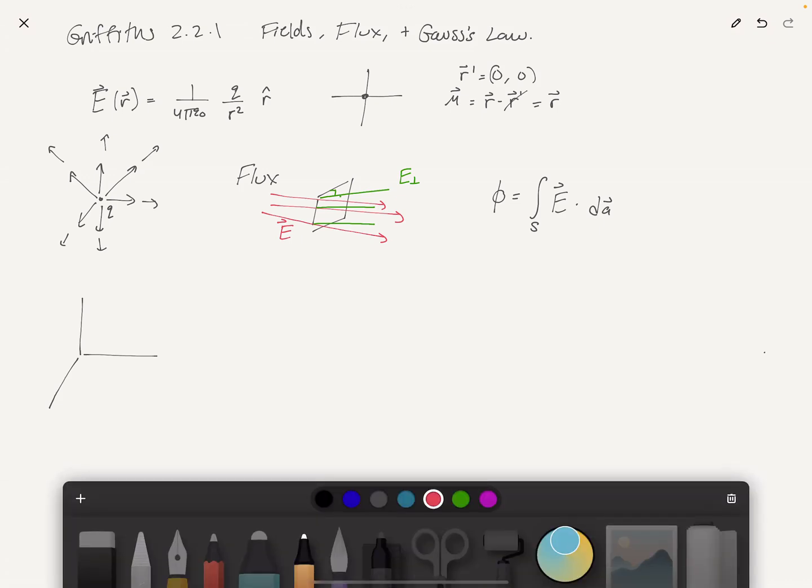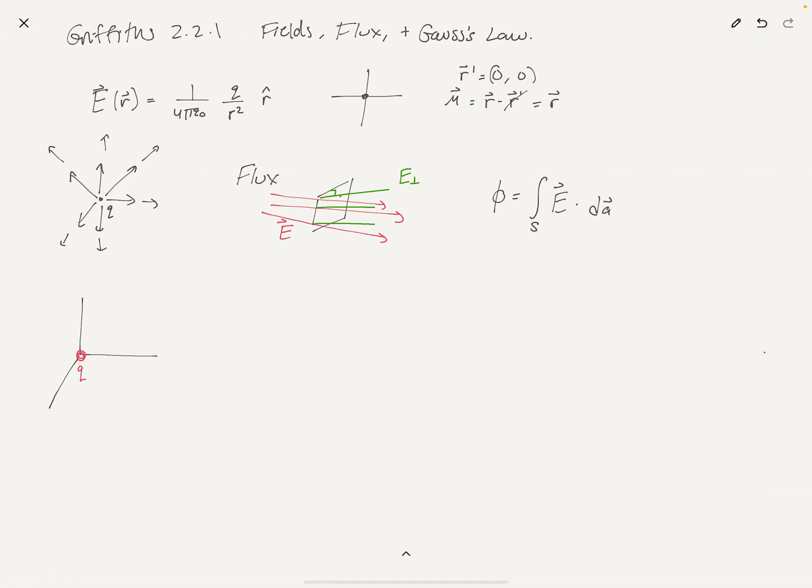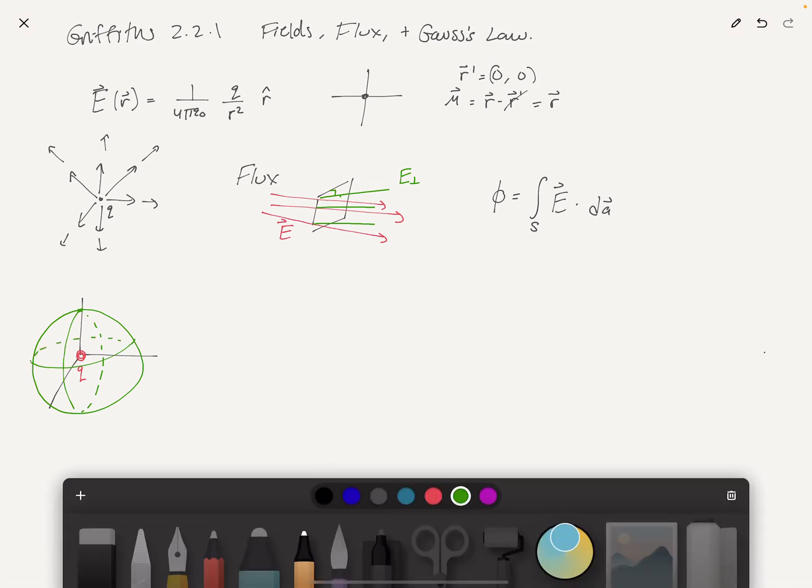I will put a point particle of charge q there, and I will calculate the flux through a sphere that is also centered at the center of my coordinate system.